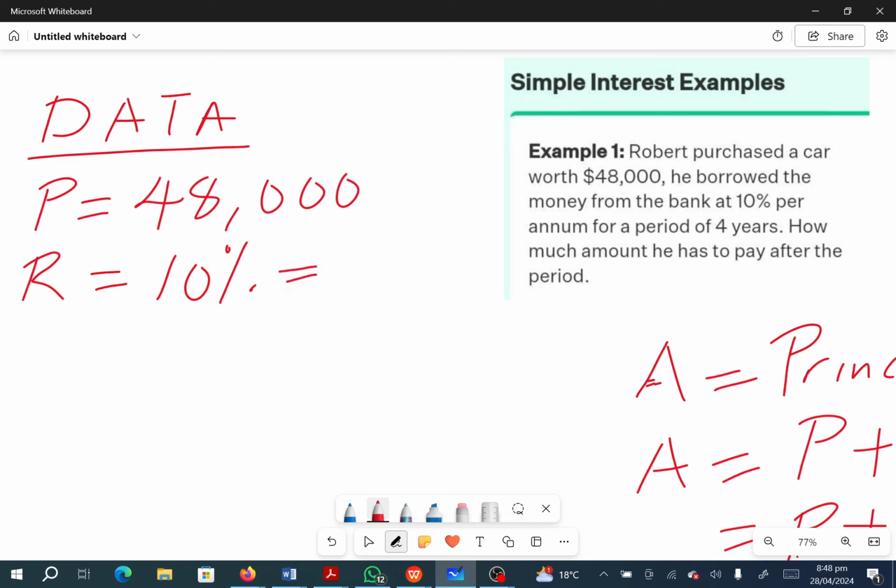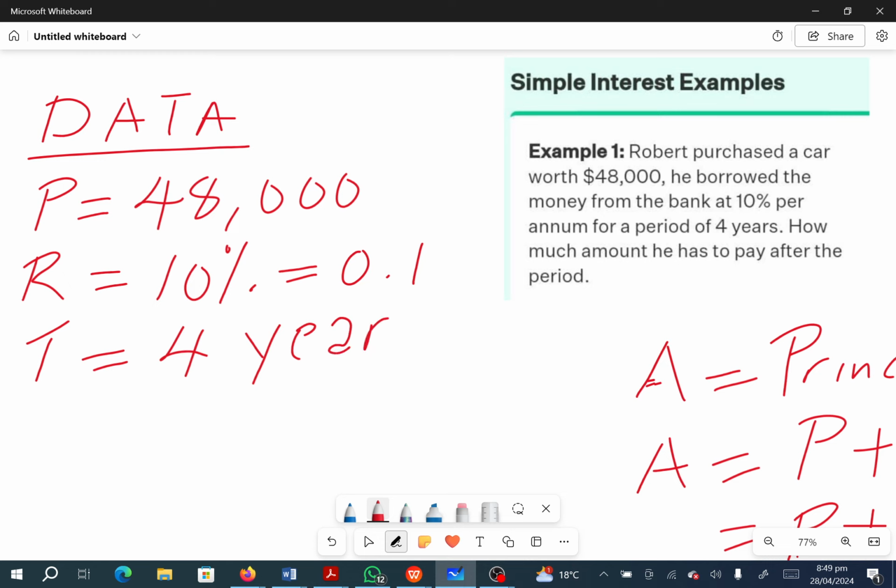When we divide this 10% over 100, it will become 0.1. Then we are told that the time period is 4 years.